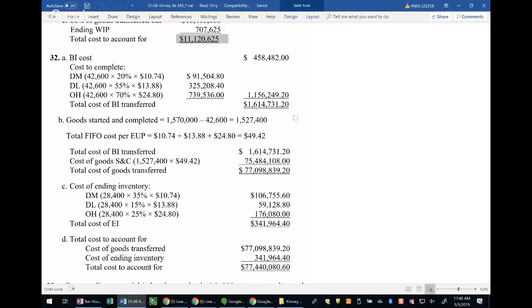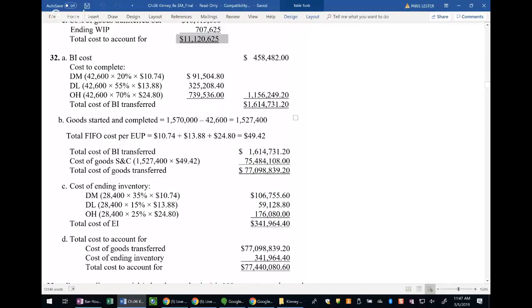Okay, now add together 42.6, I guess, beginning. Okay, let's see, units, October completed production. All right, 1,570,000. We completed. Subtract beginning inventory from that, you'll get started and completed, okay? Remember how to do beginning.